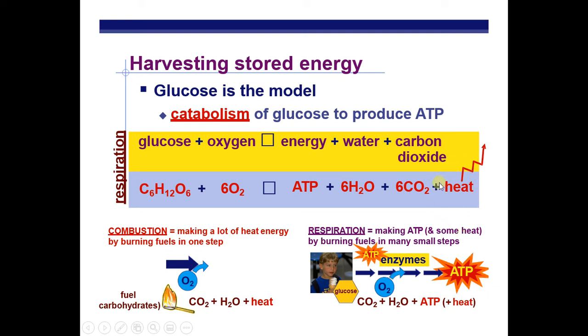Like I mentioned last time, this heat given off in cellular respiration is one of the main drivers of what keeps warm-blooded organisms warm-blooded. So the biochemical reactions in our body help maintain our body temperature.